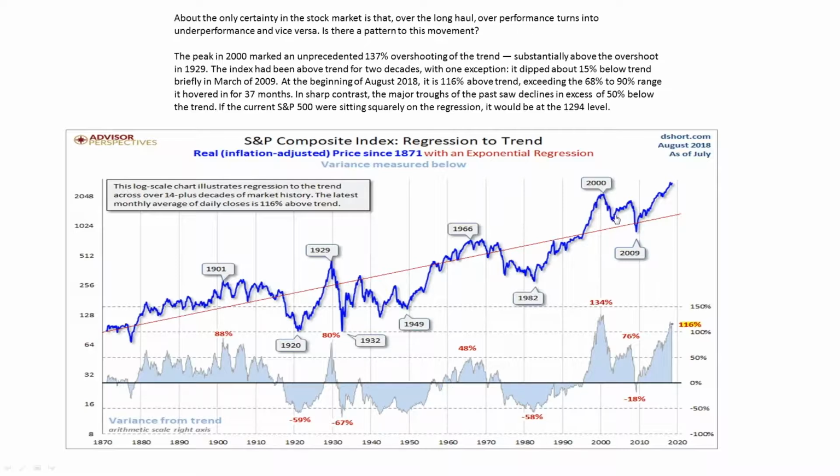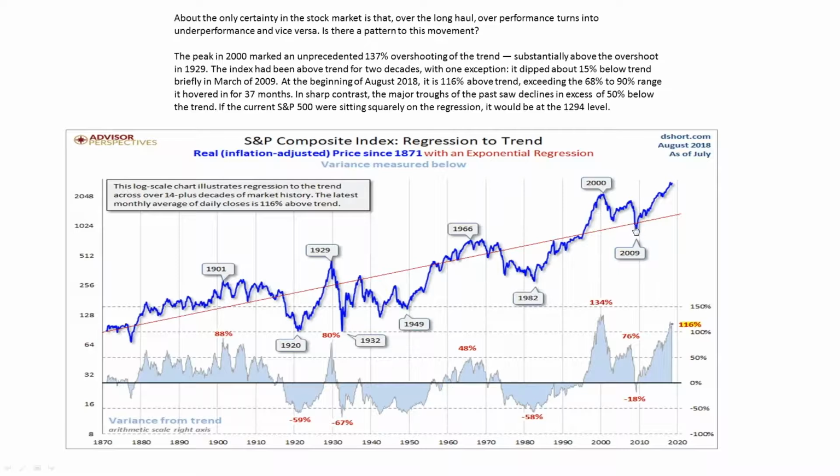You'll notice it never corrected below the trend line because the then present Federal Reserve and the U.S. government didn't want any bad things happening. So they lowered interest rates and started plowing money back in. We moved higher again until 2007, 2008, to be followed by that terrible drop of 50% in 2008, 2009.